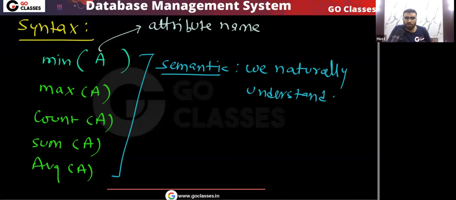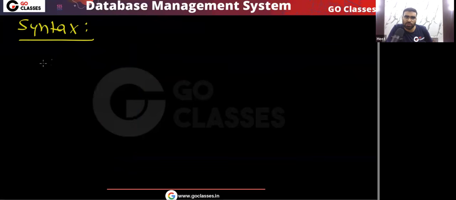Now, you can also put distinct if you want. For example, if you want the summation of distinct values, sum distinct A. Then you are doing summation of distinct values. Is this clear?